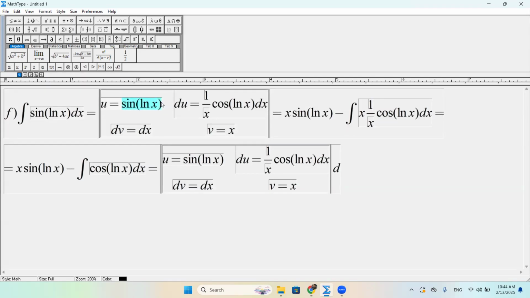This function is easier to differentiate, and we need to integrate the other one, so here we differentiate. It's more convenient. So we have cosine of logarithm x, and here we have minus sine of logarithm x divided by x. For v, nothing changed.